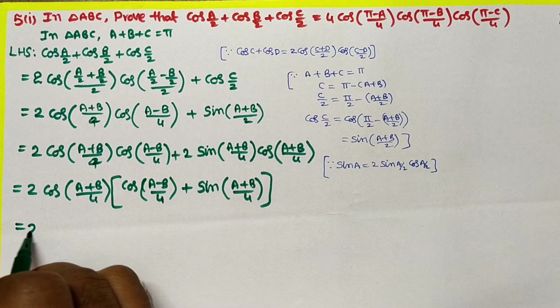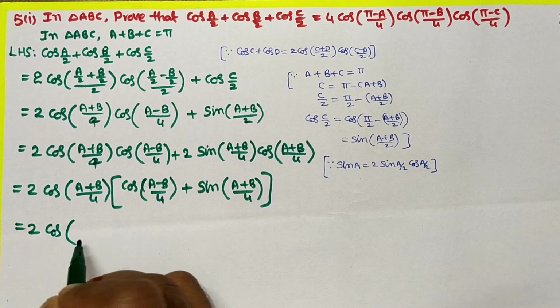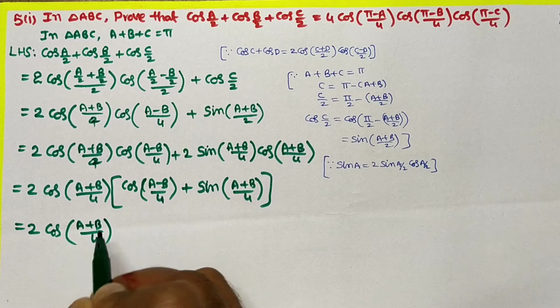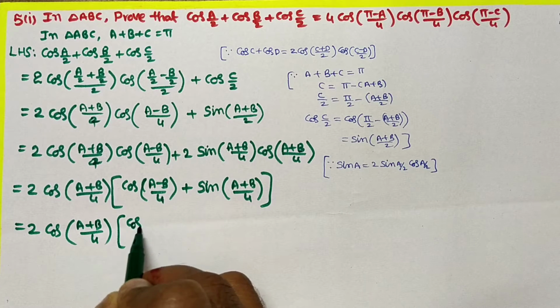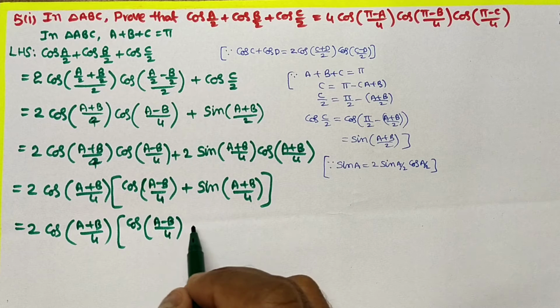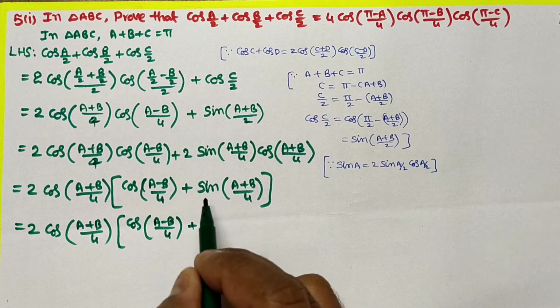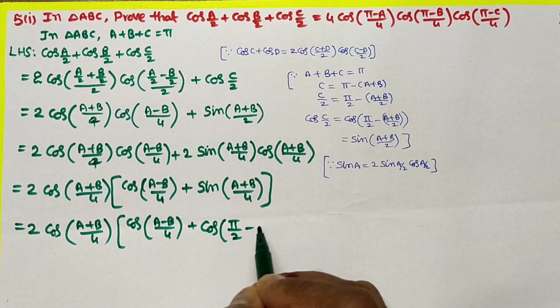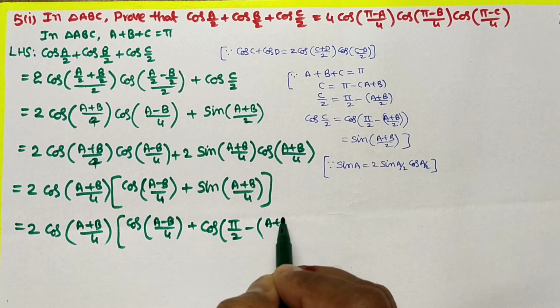So which is equal to 2 into cos of (A plus B) by 4 into cos of (A minus B) by 4 plus, sin theta can be written as cos of (pi by 2 minus (A plus B) by 4).